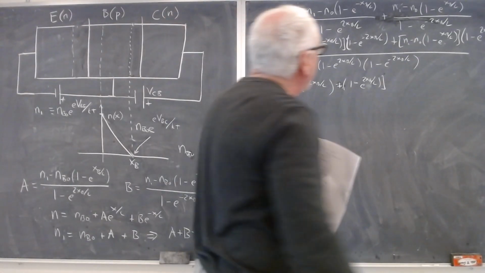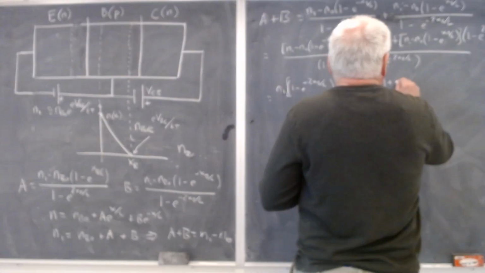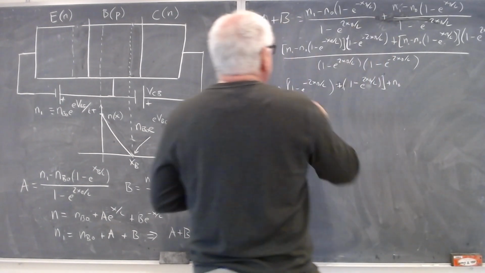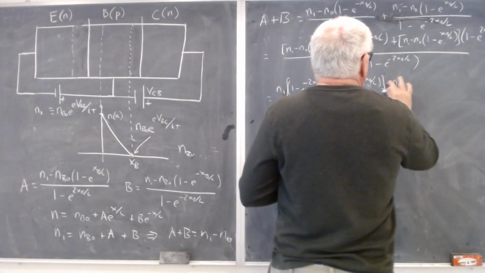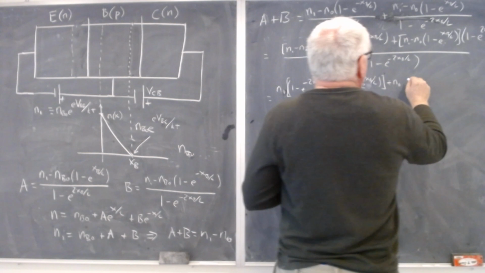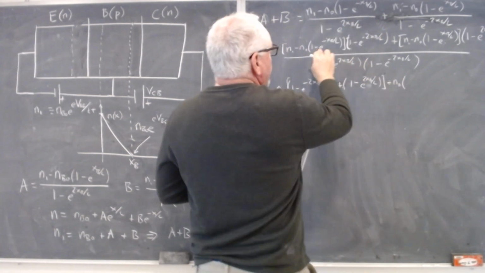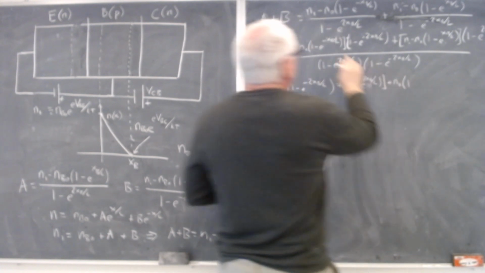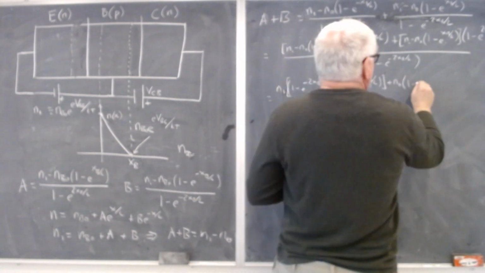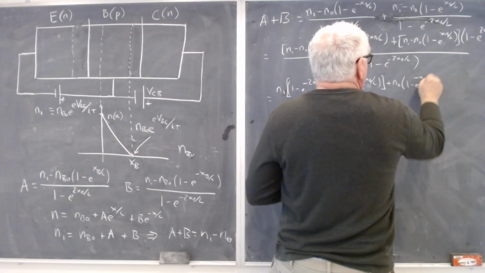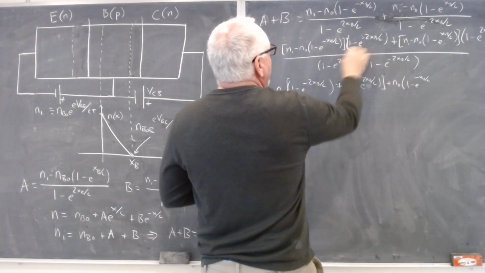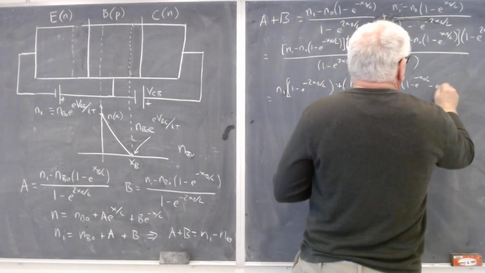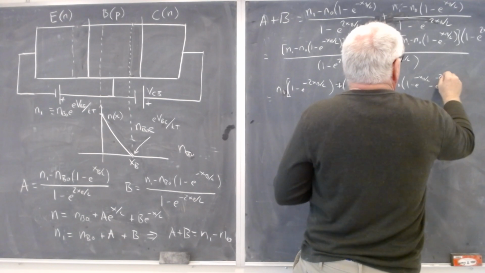And then minus n0. Okay, now let's multiply it out. So that's 1 minus e to the negative xb over L, minus e to the negative 2 xb over L.